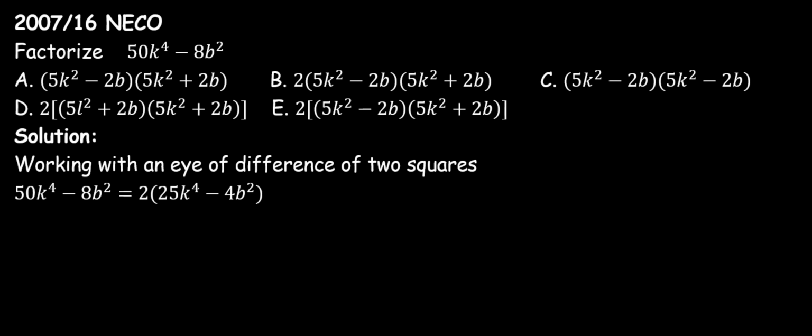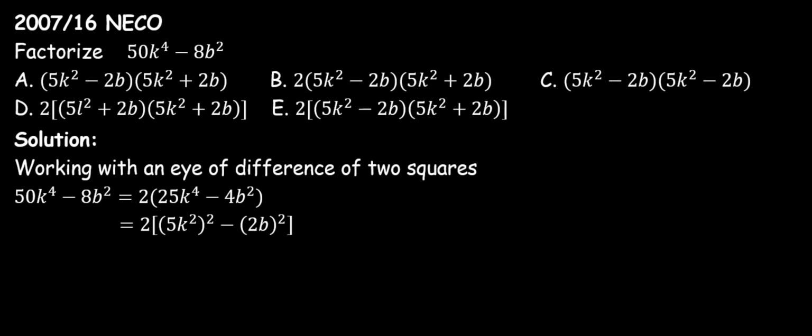From here, we have gotten a clearer picture of the given problem. So we know that 25k⁴ can become (5k²)², minus 2b squared, (2b)². 4b² is what we have transformed to (2b)², then squared it.